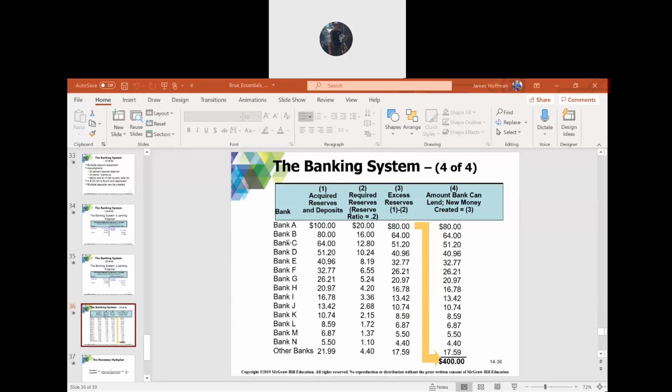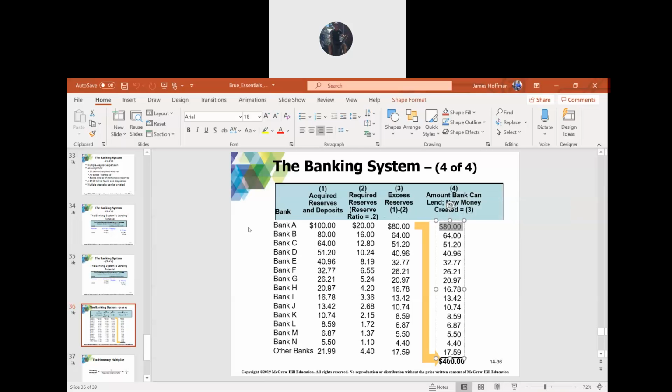Remember we had the $100 deposited, and the reserve ratio is 20%. So here's the first bank, Bank A. Some customer deposits $100. The reserve ratio is 20%, which means they have to keep $20 of the 100 on reserve, but they can lend out the other 80. So that bank lends out the excess reserves, the other 80%. Basically that one bank, Bank A, created $80 of new money, and that's the excess part of their reserves.